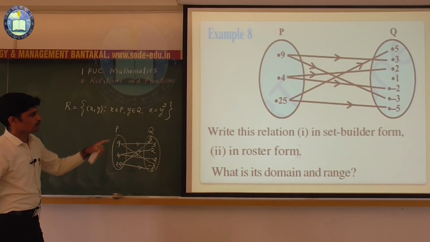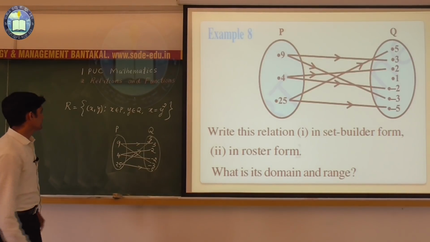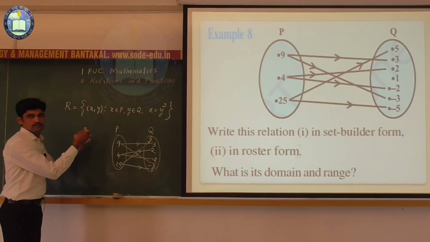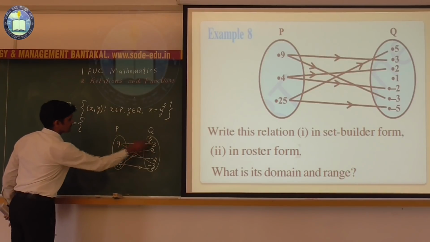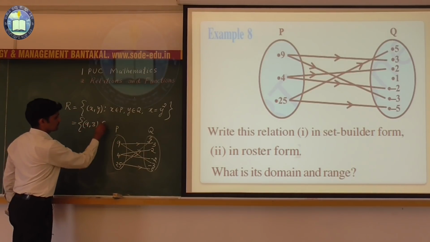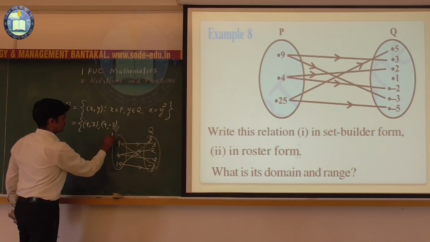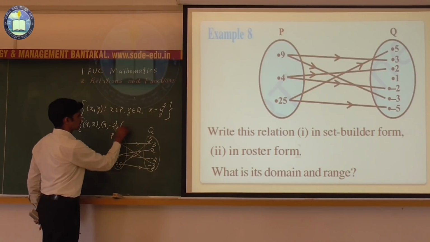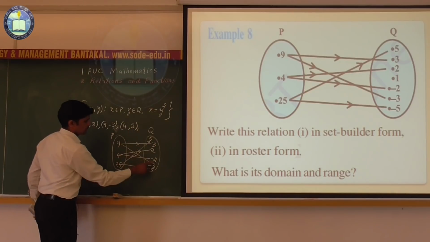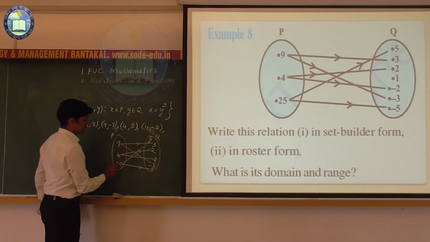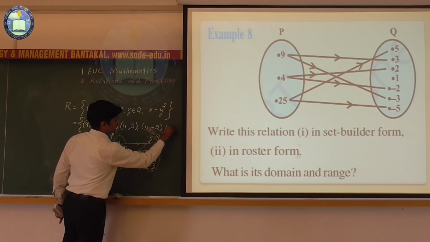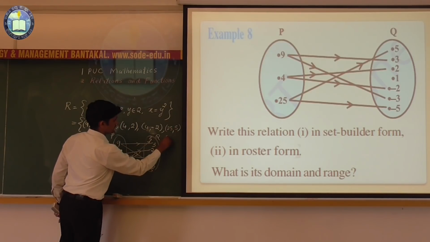Then second question is, you have to write the relation in the roster form. In roster form we list the elements of the relation R. So in roster form it is 9, 3, then 9, minus 3, then 4, 2, 4, minus 2, and 25, 5, and 25, minus 5.